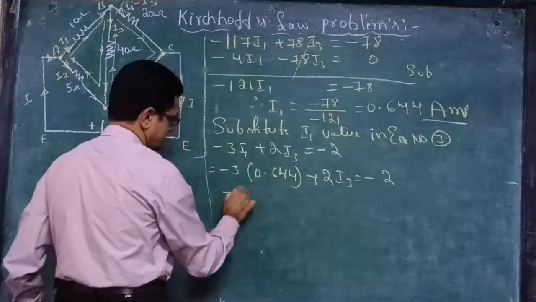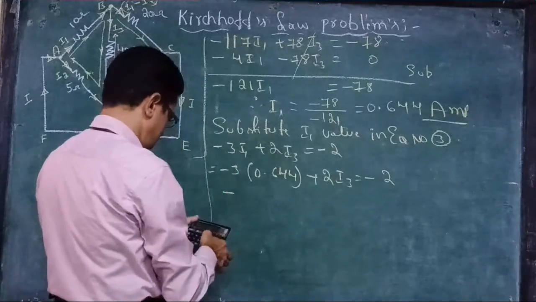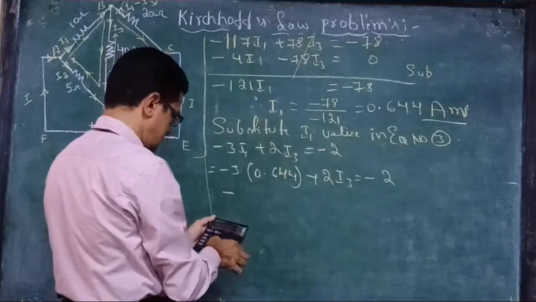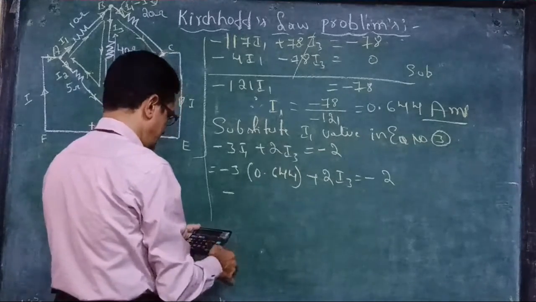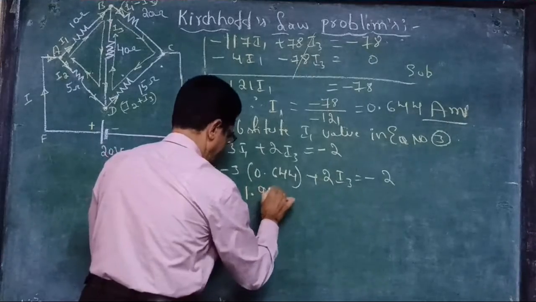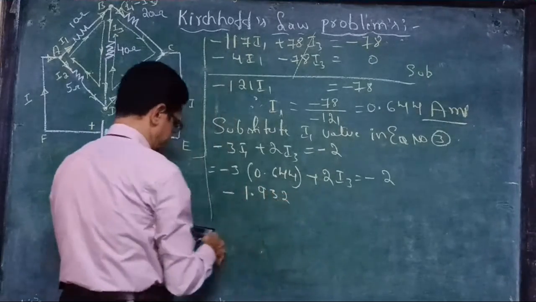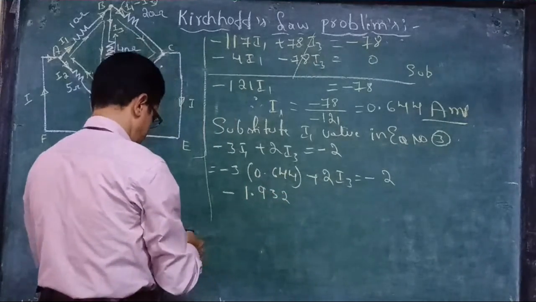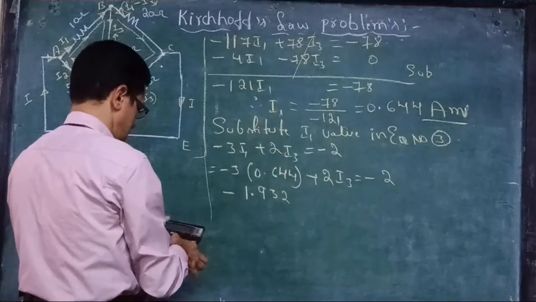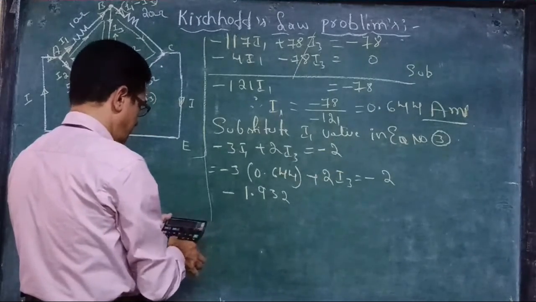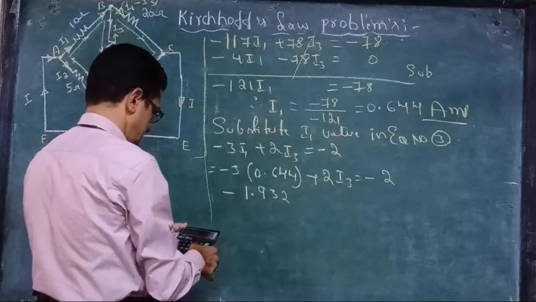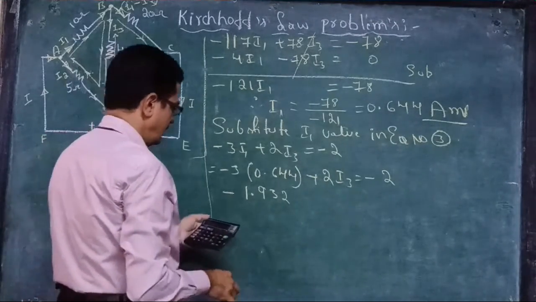Okay, so next here 3 into 0.644, that is equal to minus 1.932. Once again I will cross check. 3 into 0.644 is equal to 1.932.